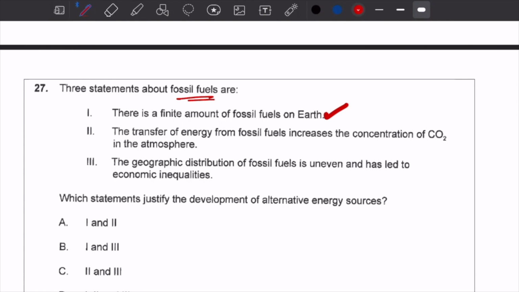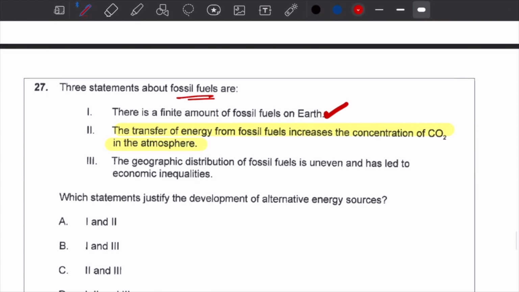The transfer of energy from fossil fuels increases the concentration of carbon dioxide in the atmosphere. Of course, what we do is we take fossil fuel, we burn it, and we convert that into heat, and then we use it for our energy consumption.